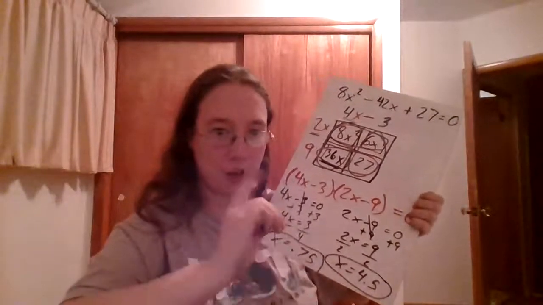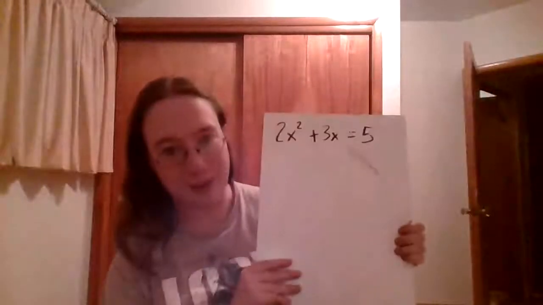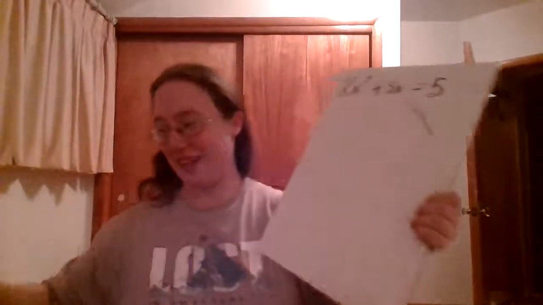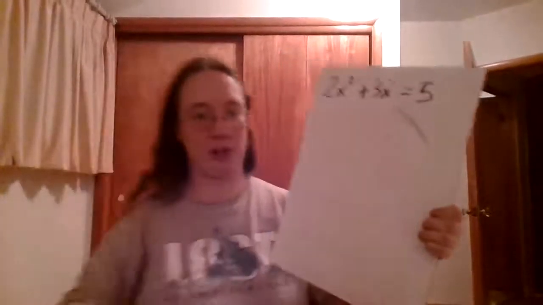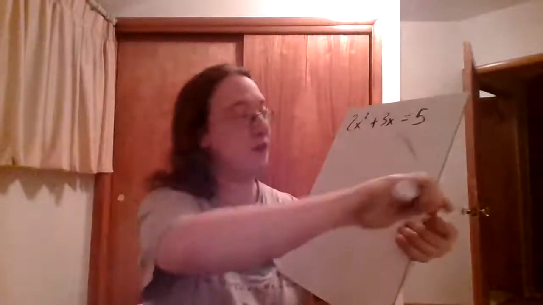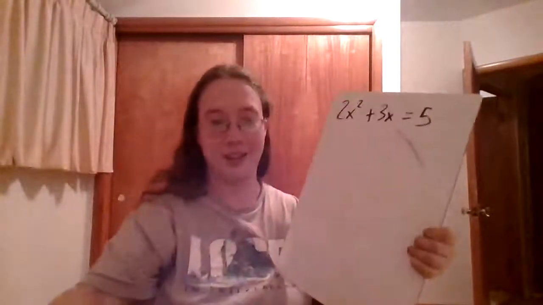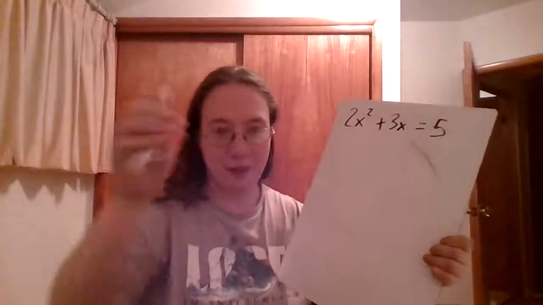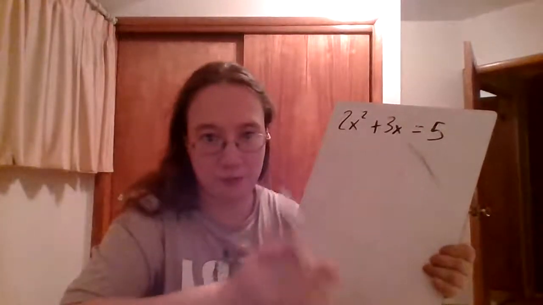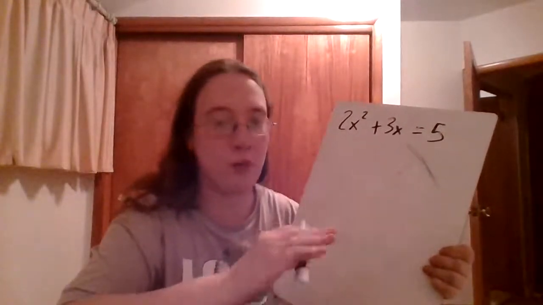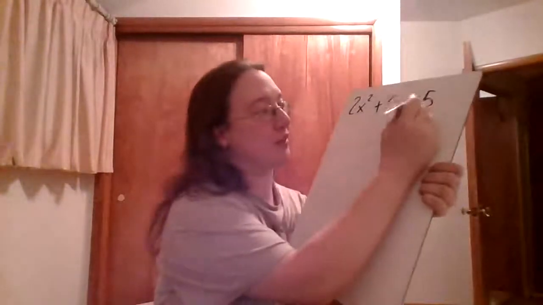Okay, one more of these. Okay, this one has smaller numbers, I promise. But I did want to go through one where it wasn't 0 on the other side. So if it's not 0 on the other side, the big thing is remembering that there's a thing you have to do first. So first thing we're going to do before we do anything with making a box or multiplying or anything, we're going to subtract this 5 over here.